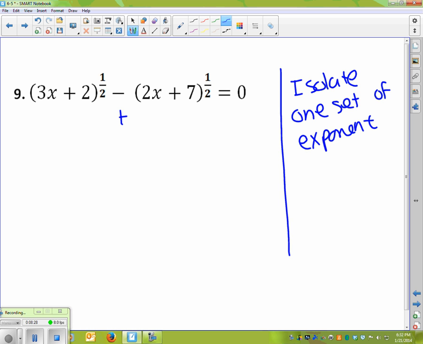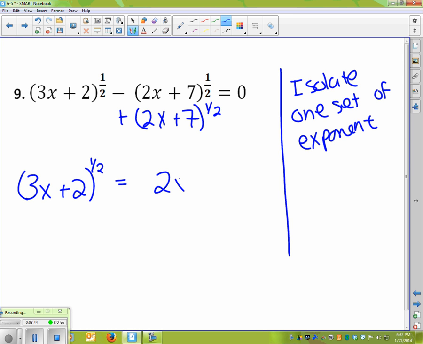So let's add that 2x plus 7 to the 1/2 power. So I get 3x plus 2 to the 1/2 is equal to 2x plus 7 to the 1/2 power.